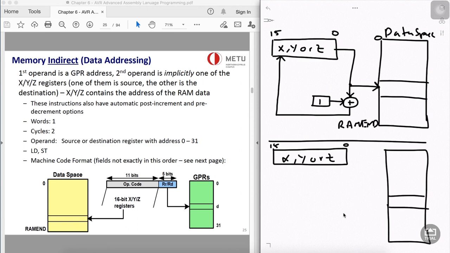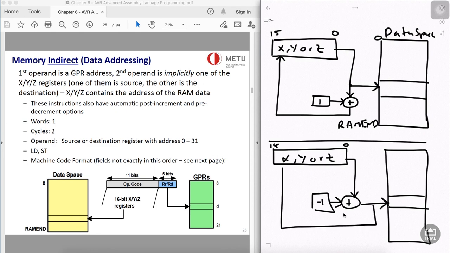Again, we want to point out somewhere here. This time that goes in, that comes from there. We first decrement it and then provide the address. And then that goes back in and we can point to the next address.